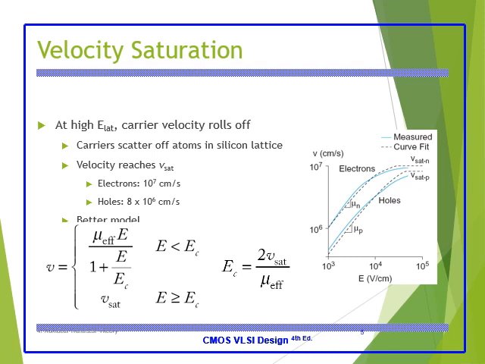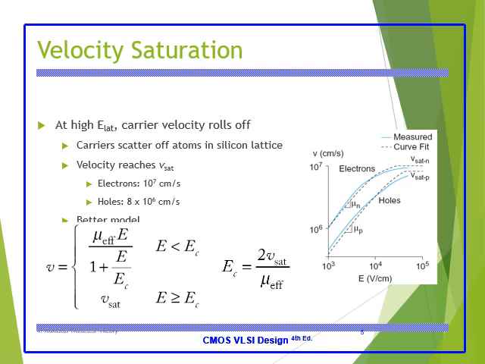If carriers scatter off atoms in the silicon lattice, velocity reaches Vsat. For electrons, 10 to the power 7 cm per second, for holes 8 times 10 to the power 6 cm per second. In the better model, velocity is equal to mu effective E divided by 1 plus E by EC, if the electric field E is less than the critical field EC.